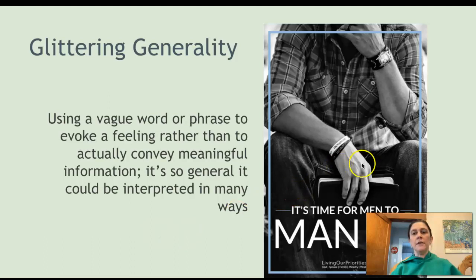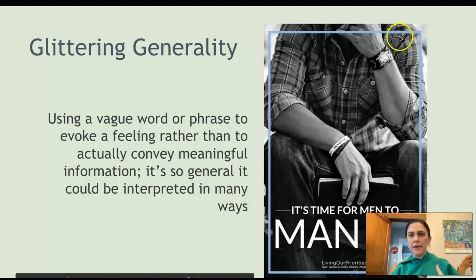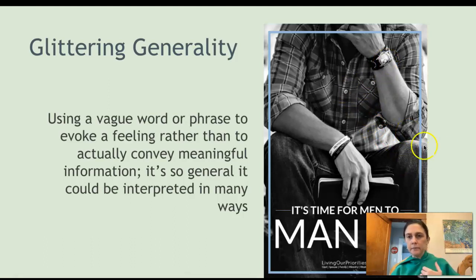So the image here I've given you is "It's time for men to man up." And it has a picture of a man here, and he's dressed in jeans and a manly shirt. And he's got his manly watch, etc. So what does it mean exactly to be a man? We have our tropes, okay? We have our stereotypes.